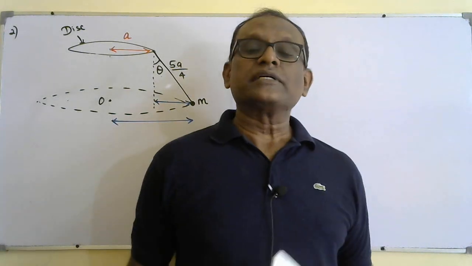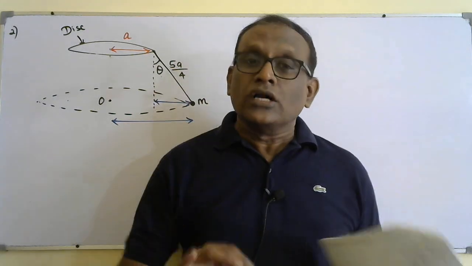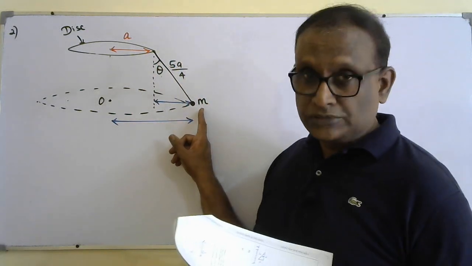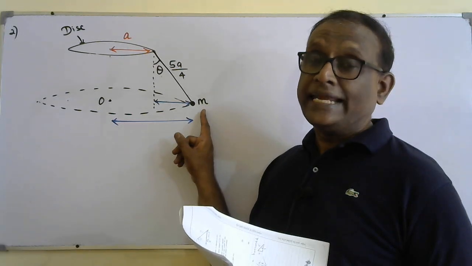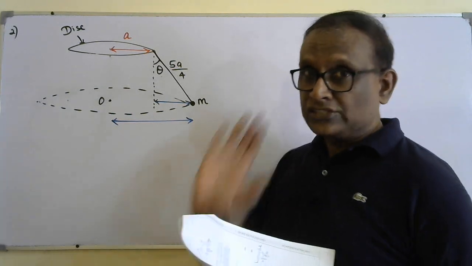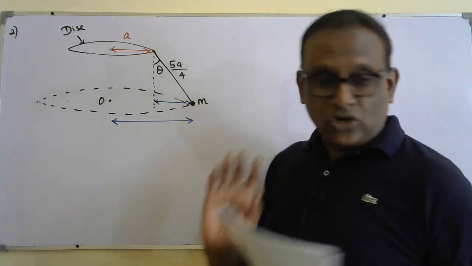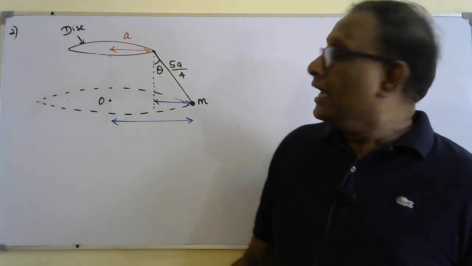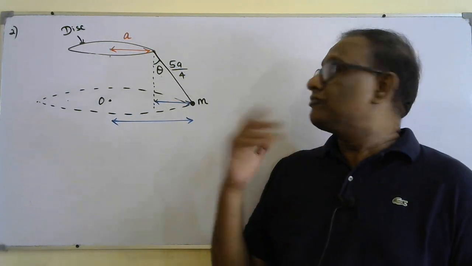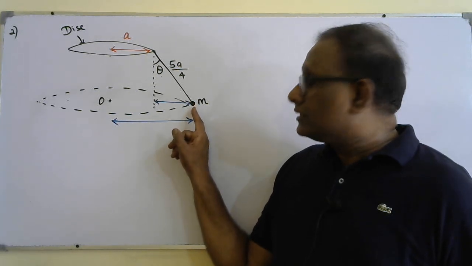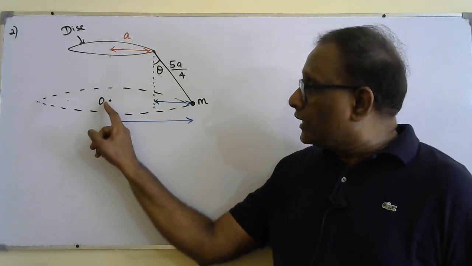Third, you must be able to identify all the forces acting on the object. Here the chair C is the object that performs the circular motion. You should be able to identify all the actual forces acting on it. I will draw and show the forces acting on it. Then the centripetal force. What is the centripetal force? Centripetal force means the resultant force acting on the object towards the center.